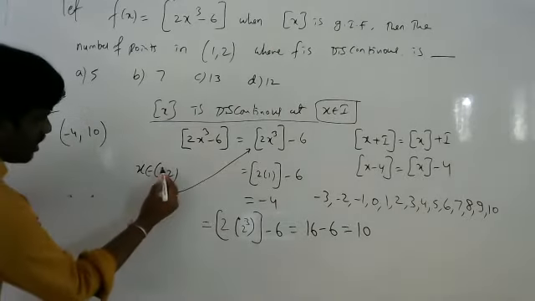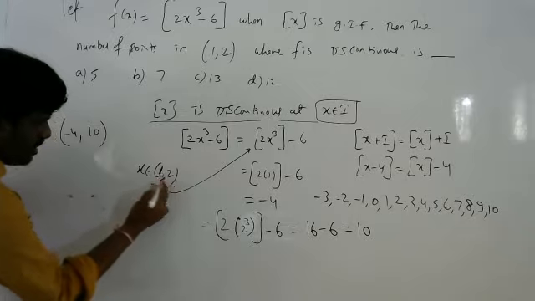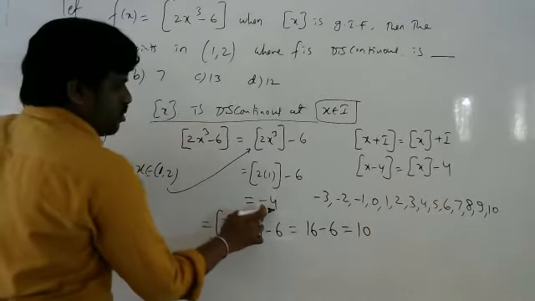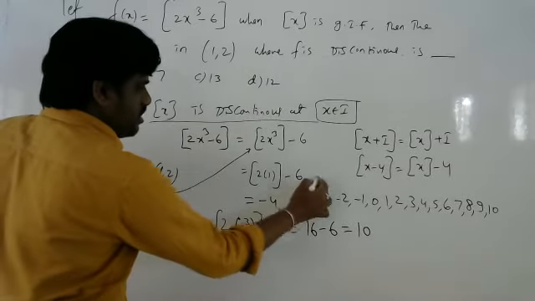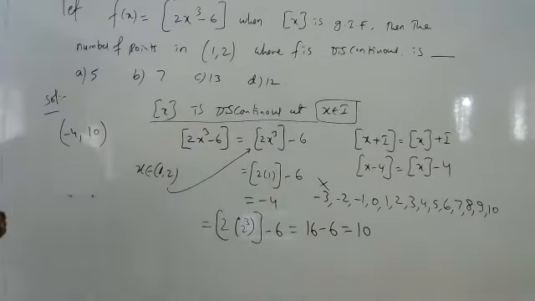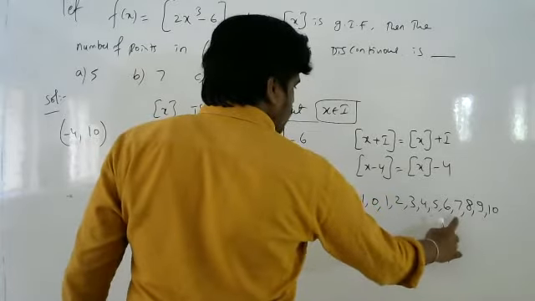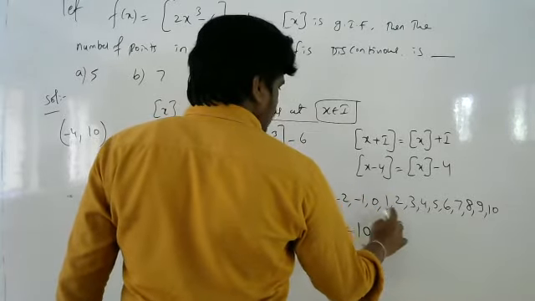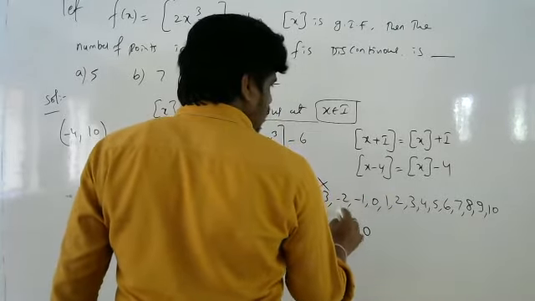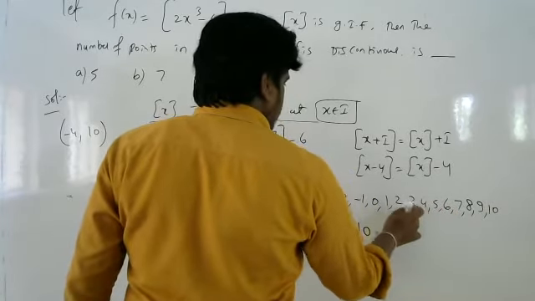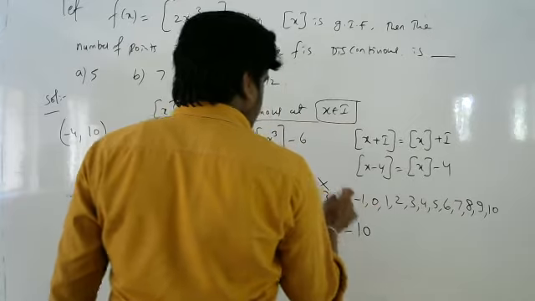But minus 4 is not included in this, right? So I can remove this one. Another one is 10.00. 10 also I can remove. So how many am I going to get? 1, 2, 3, 4, 5, 6, 7, 8, 9, 10, 11, 12. I have to get 13, right? 1, 2, 3, 4, 5, 6, 7, 8, 9, 10, 11, 12, 13.